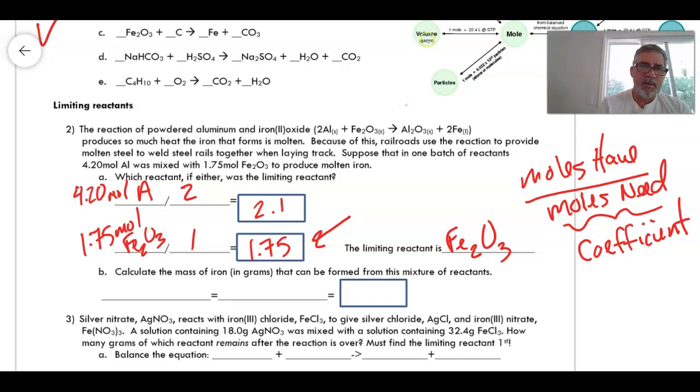Anyway, so that's how you do limiting reactant. It's pretty easy. Then you calculate the mass of iron in grams. So I'll use my limiting reactant. I'll do my mole ratio here. I want to find iron, and I want to get rid of the iron 3 oxide.